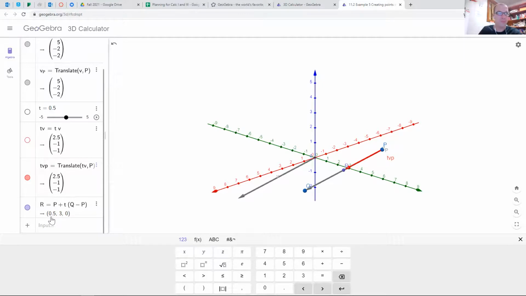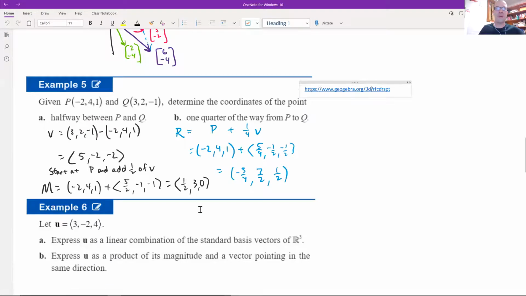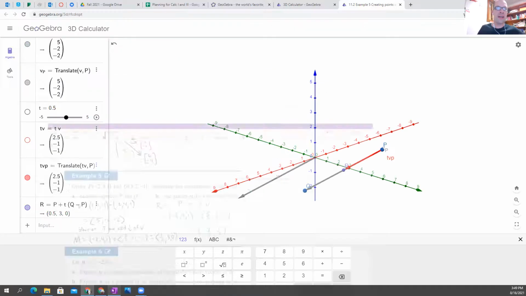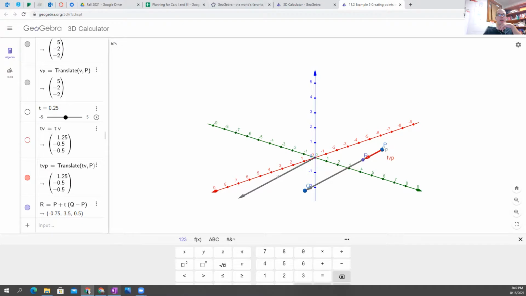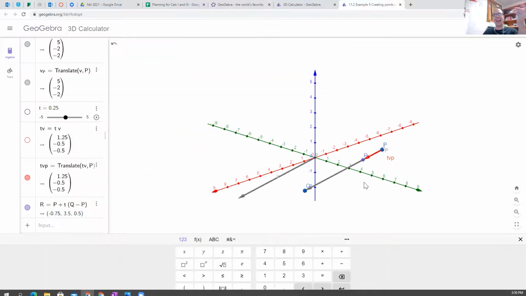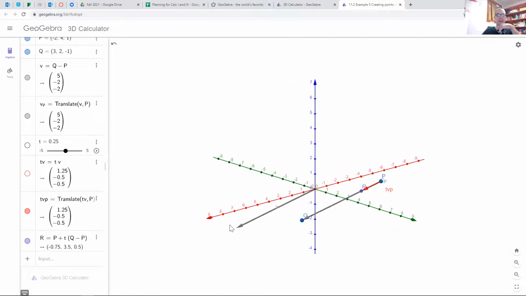Okay. 1/2, 3 and 0. That is what I have here. I'll show you. 1/2, 3 and 0. We're golden. Sorry. And then if we want to just go 1/4, let's type it in. 0.25. That's taking our P and adding on the scaled version of Q minus P. And there we get the -3/4, the 3.5 and the 0.5, just like we had before. Cool. But I like looking at this because it visualizes it. Okay, moving on.